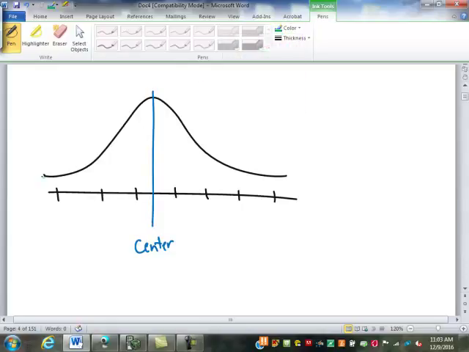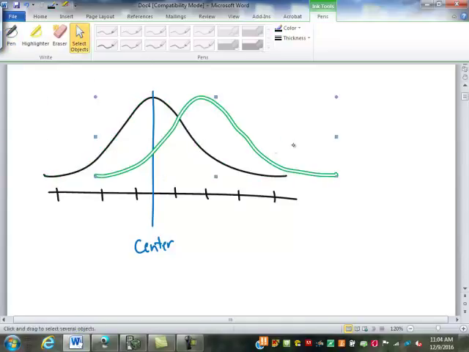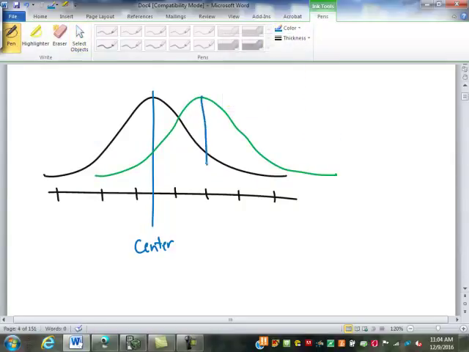So for example, if I have another curve that looks like this, and I want to describe the difference between the green and the black curve, they have different centers. The center of the green curve is higher up the number line than the center of the black curve. If I want to describe the difference between the black and the red curve, they have the same center, but the red one is narrower.